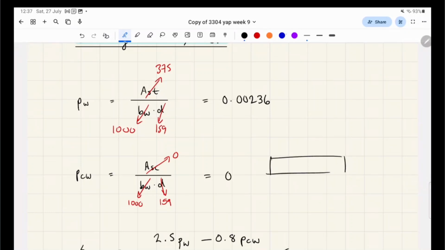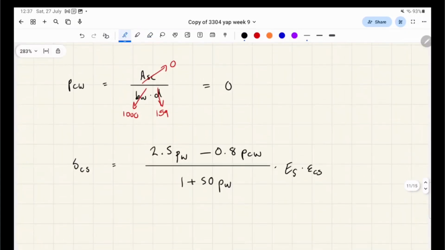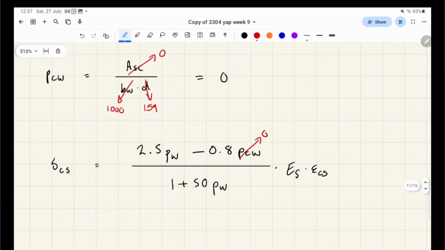It was a trick. We only got tensile steel. That means this component is going to be 0. And then PW is that number we calculated.